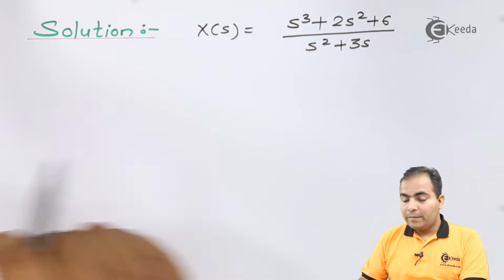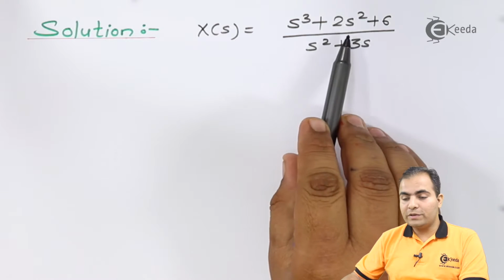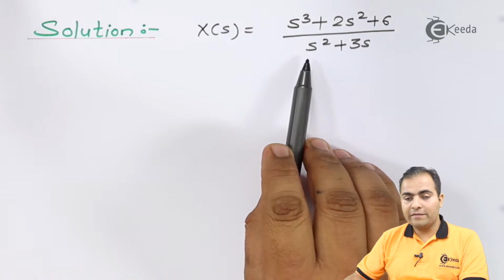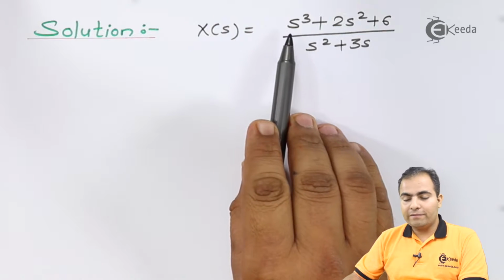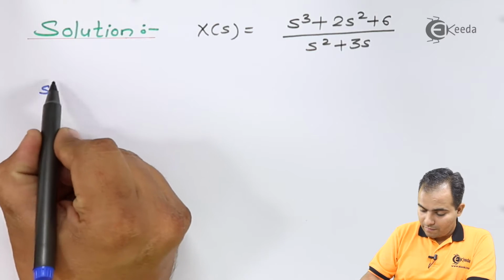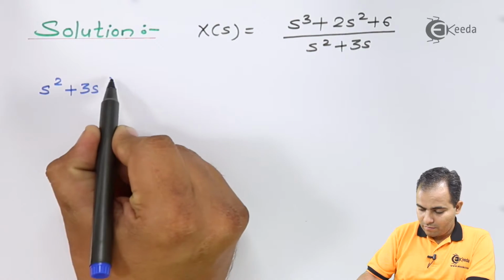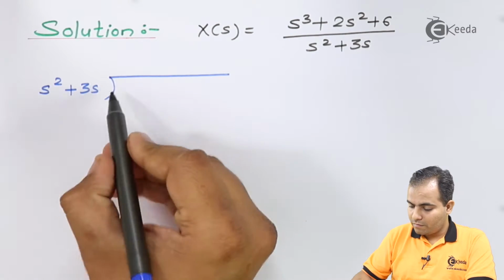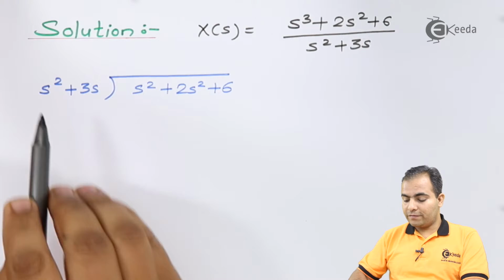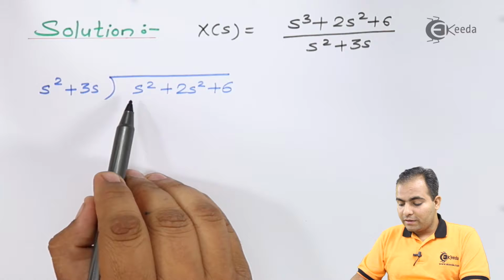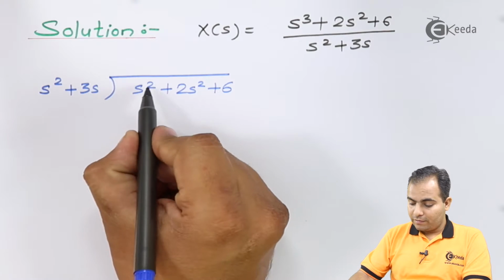Now, my X of s is s cube plus 2s square plus 6 and in the denominator we have s square plus 3s. Now what to do? Simply perform the division. First of all, here we have s square, here we have s cube.